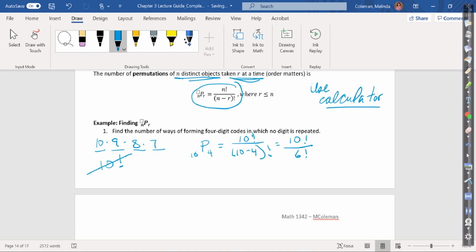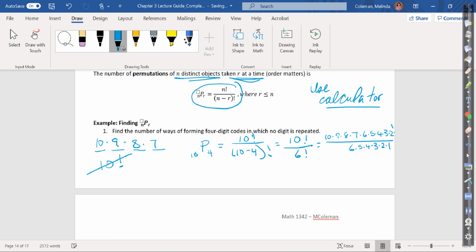which, if we write this in longhand notation, is 10 times 9 times 8 times 7 times 6 times 5 times 4 times 3 times 2 times 1, all over 6 factorial, which is 6 times 5 times 4 times 3 times 2 times 1.